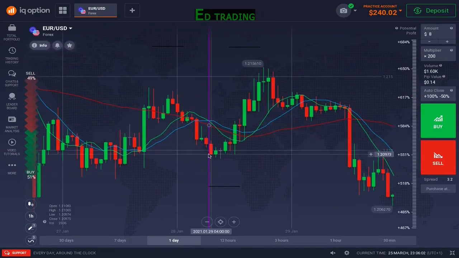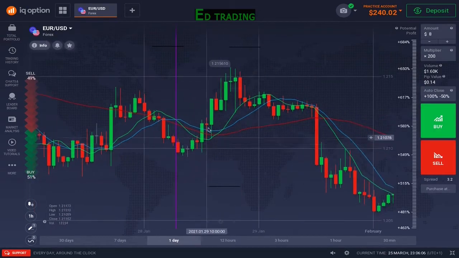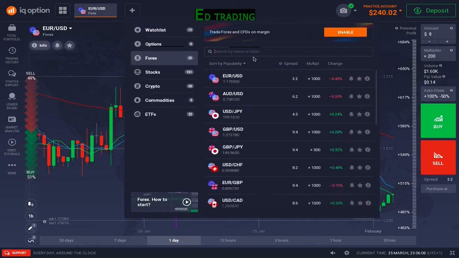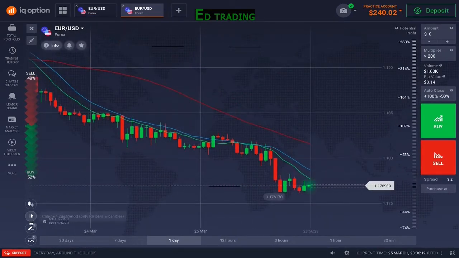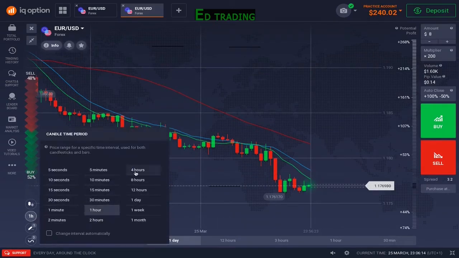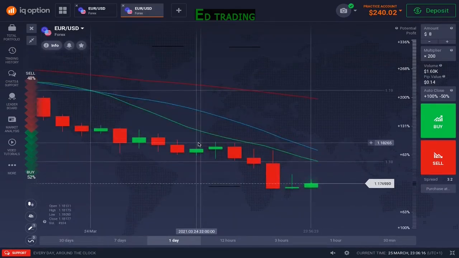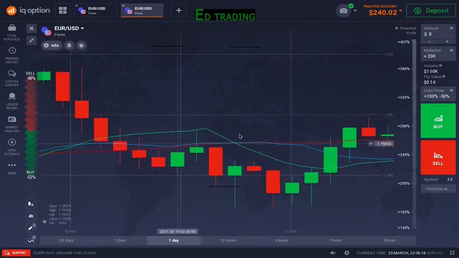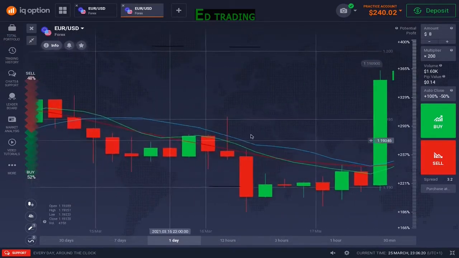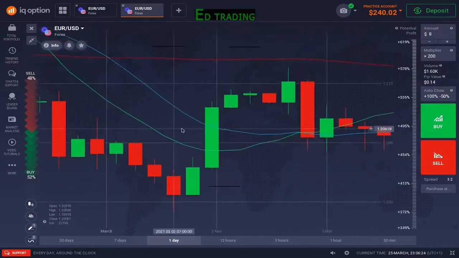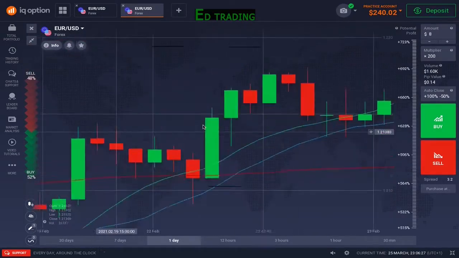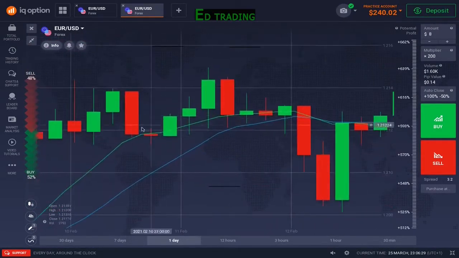Okay, so now we'll be using 1 hour candle to trade this strategy, but also we'll be using a guide of 4 hours candle for this trade. So how to trade this strategy: you open 2 charts, a 4-hour chart and also a 1-hour chart that you use to enter your trade.